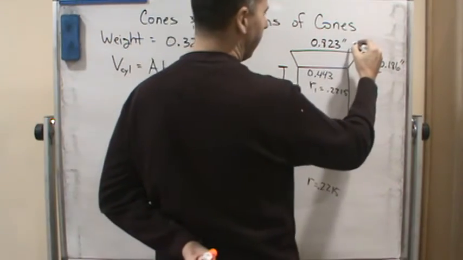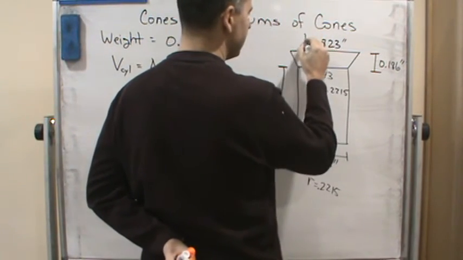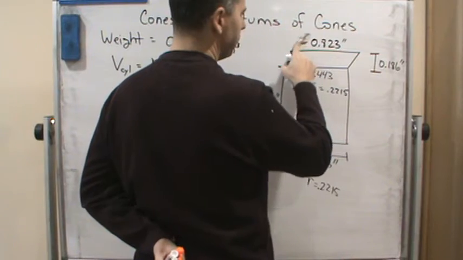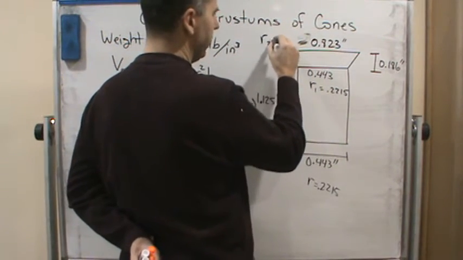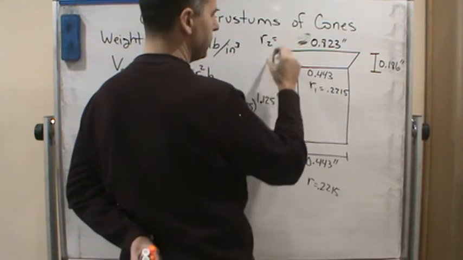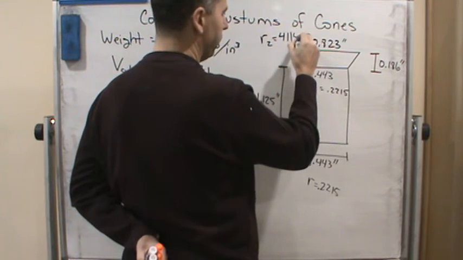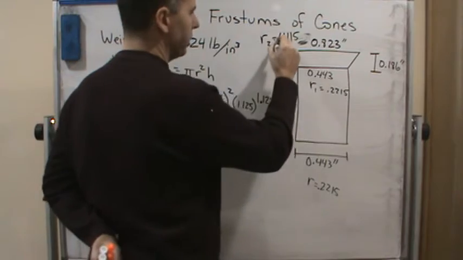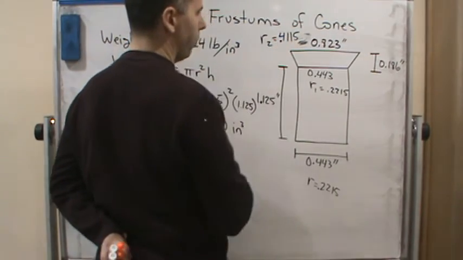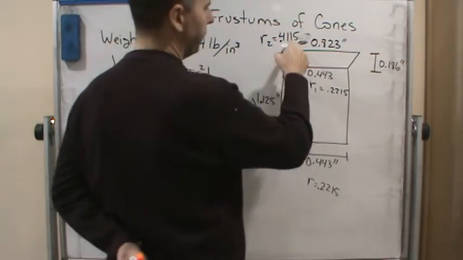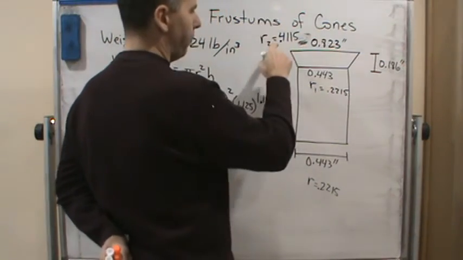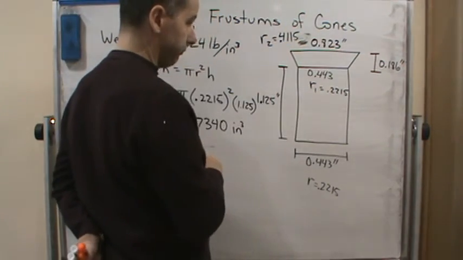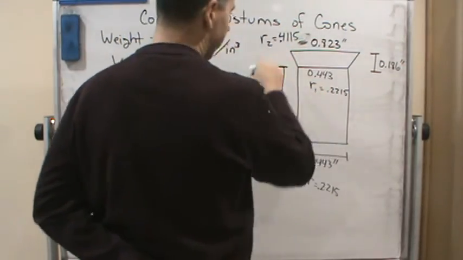And R2 is half of this diameter, which is 0.4115. Now we've got R1 and R2.